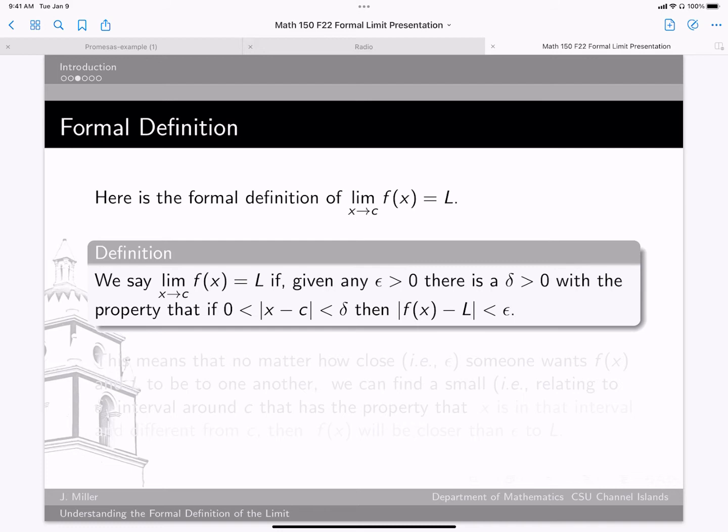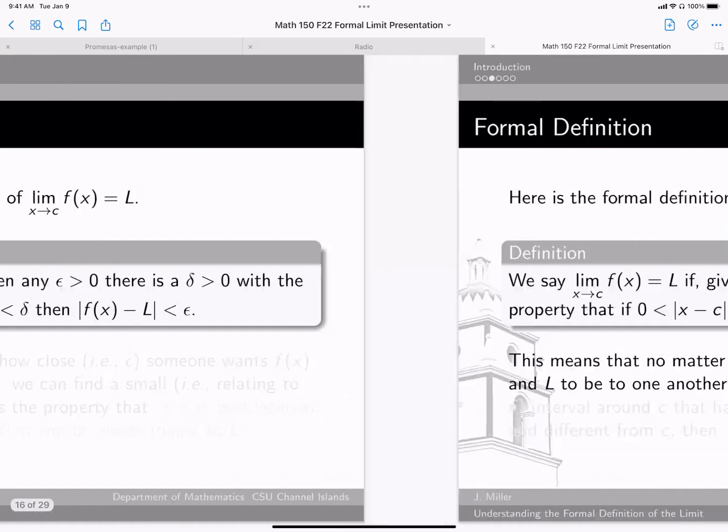Here, the Greek letters epsilon and delta represent a distance.